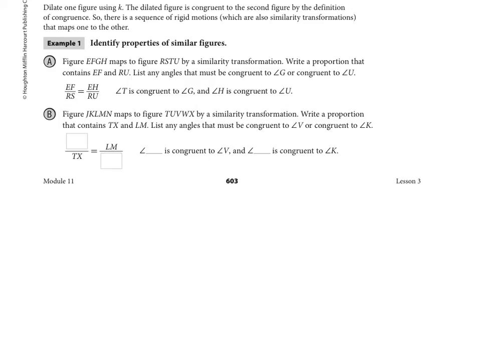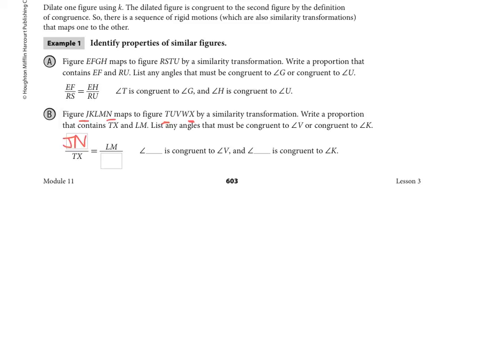So the first left-hand side of our proportion here says that TX is down here in the denominator. So I'm going to go over and underline my T and my X, and that's the first and last letter. So that is the second figure's name in the denominator. So the first figure's name that corresponds to that is J and N. So we'll write that in.